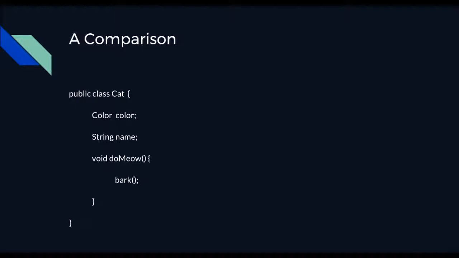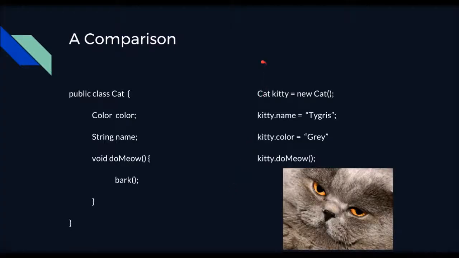If you look over here, you can kind of see how this is going. You'll notice you have your cat right here. You define it and give it general characteristics. I can give it a color, I can give it a name, and I can give it a command to do. But if I move on and create an object of this, then now I have a workable version that I can assign specific values to variables.